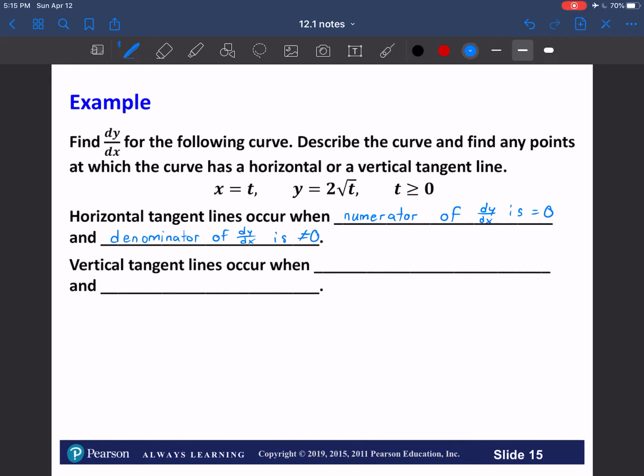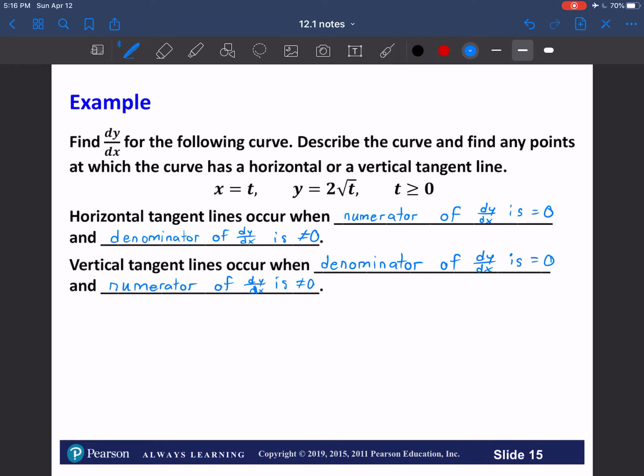Similarly, a vertical tangent line occurs when the denominator of dy by dx is equal to 0, and the numerator of dy by dx is not equal to 0.